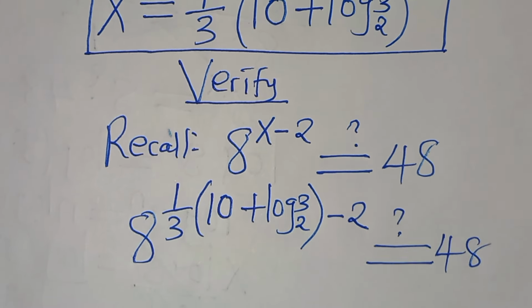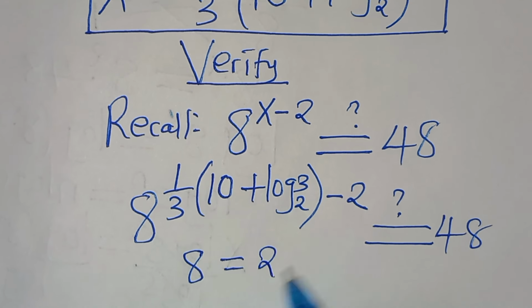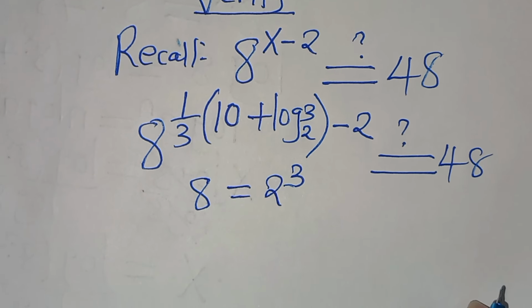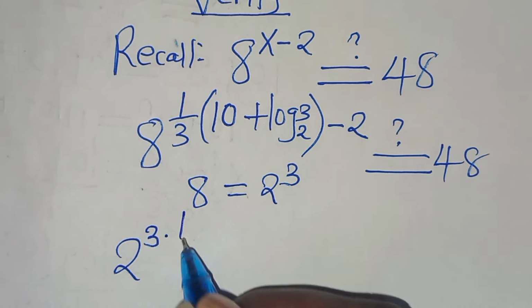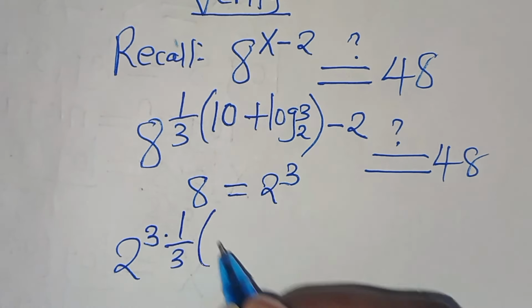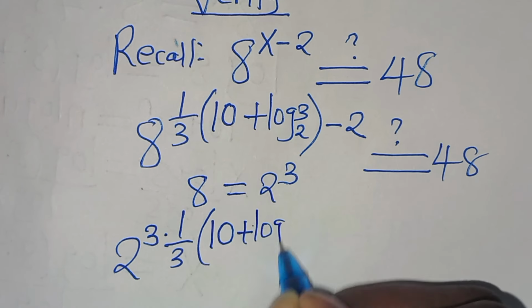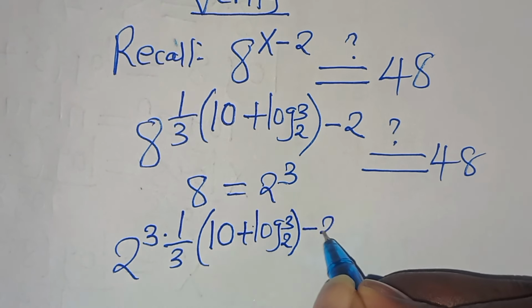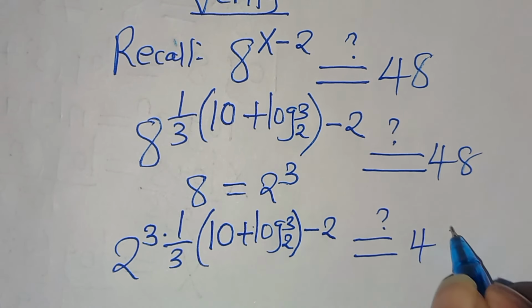The next step is that we can express 8 as 2 to the power of 3. Substituting this, we have 2 to the power of 3 multiplying by 1 over 3 into the parentheses, 10 plus log 3 to base 2, close the parentheses, then minus 2. This is supposed to give us a value of 48.